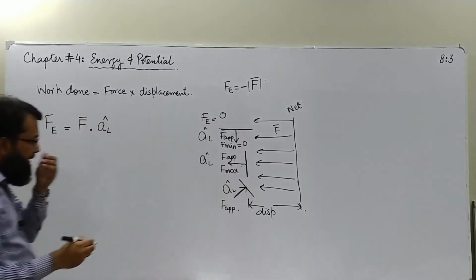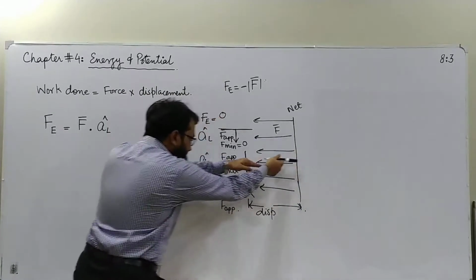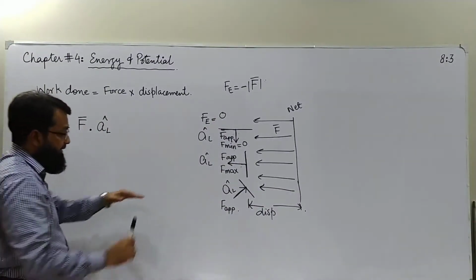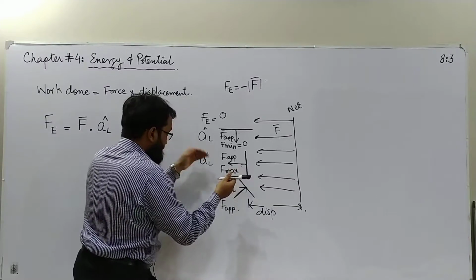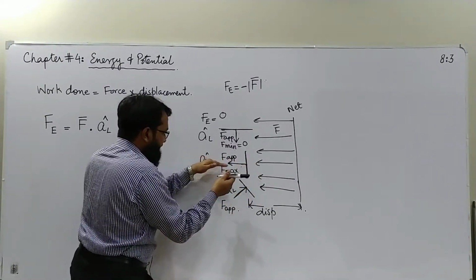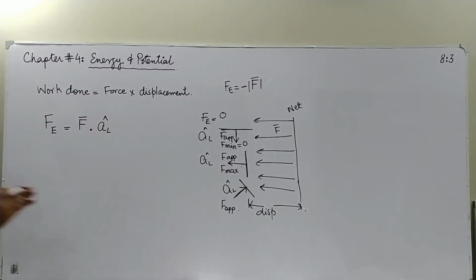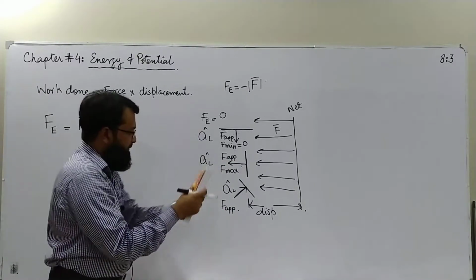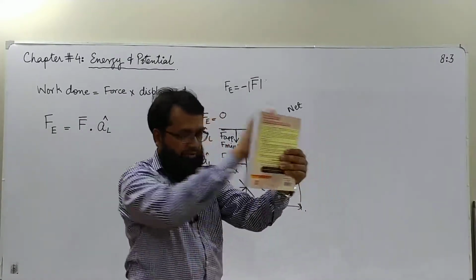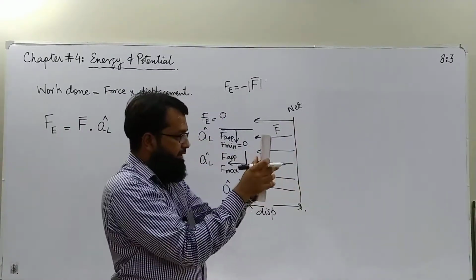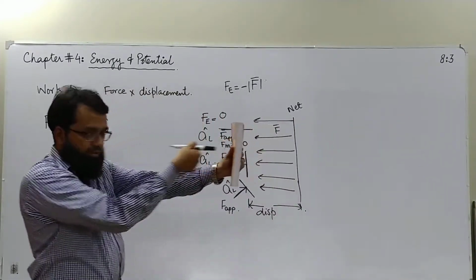In other words, instead of taking AL in the direction in which I am moving, AL is actually the direction opposite to the direction in which I am moving. I should say it better like this: perpendicular to the surface, but not in the direction of movement, rather opposite to that.